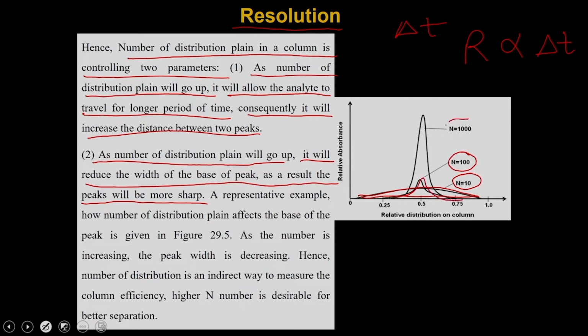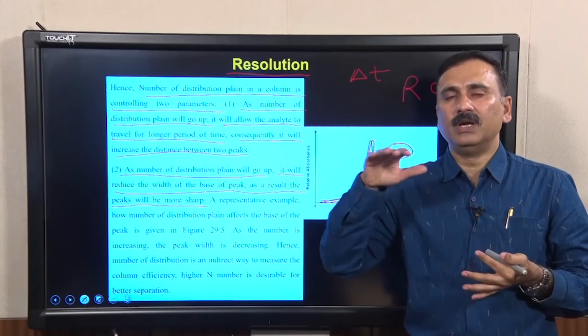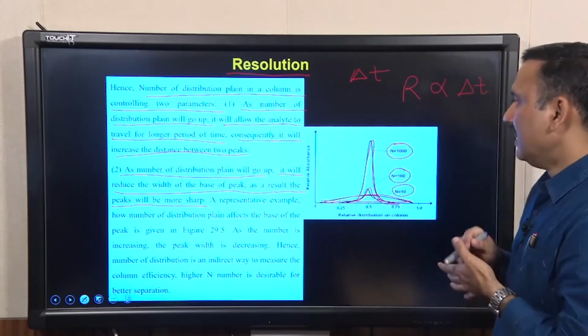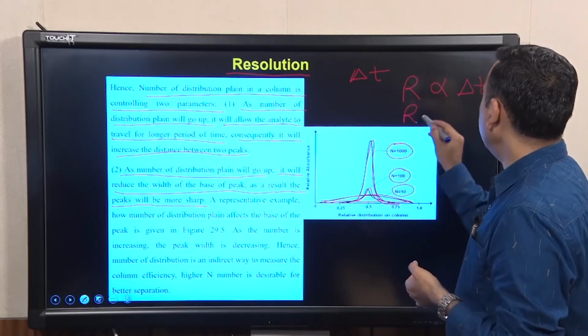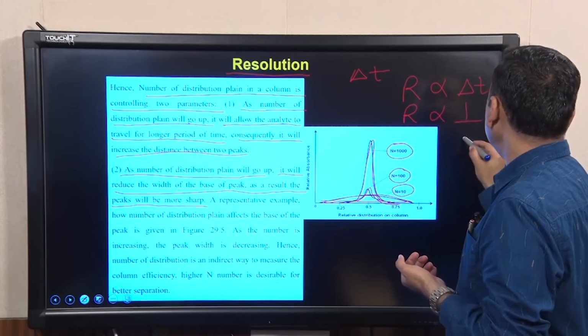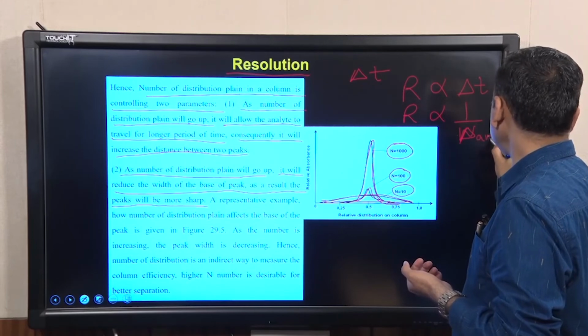And if I increase the distribution planes further, by another 10 times, I am going to see a sharp peak with a very reduced base. So, that proves that as you increase the distribution planes, you are going to reduce the average peak width of the base, and that is going to increase the resolution, because R is inversely proportional to W average.